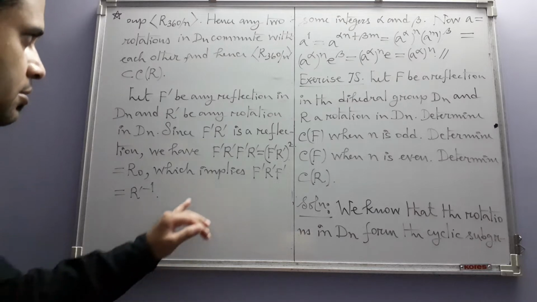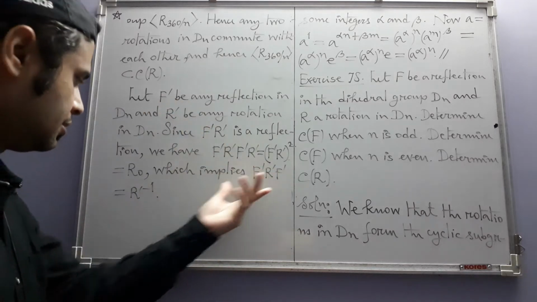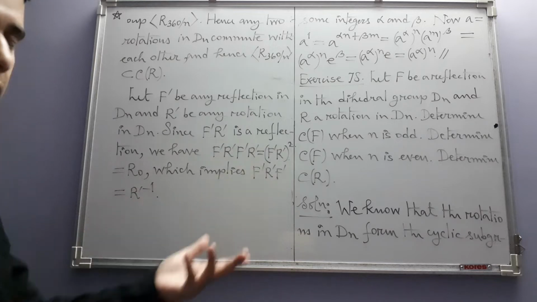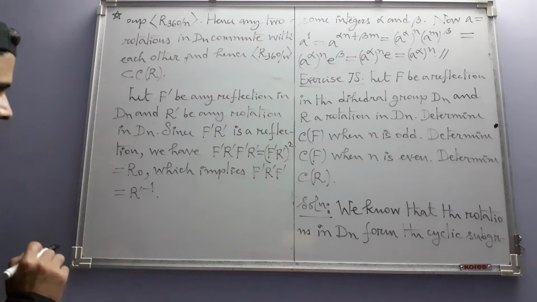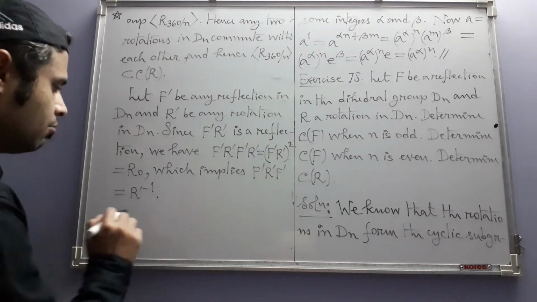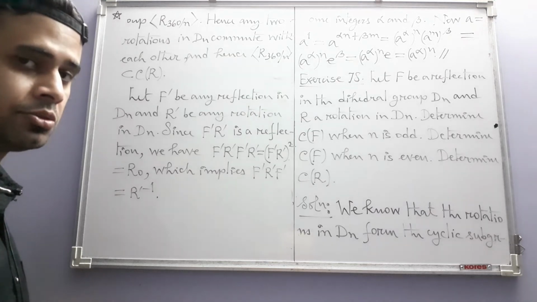So that means for any reflection F prime and any rotation R prime, this is a general identity that is true in Dn. Okay, now we see what happens if F prime and R prime actually commute with each other.